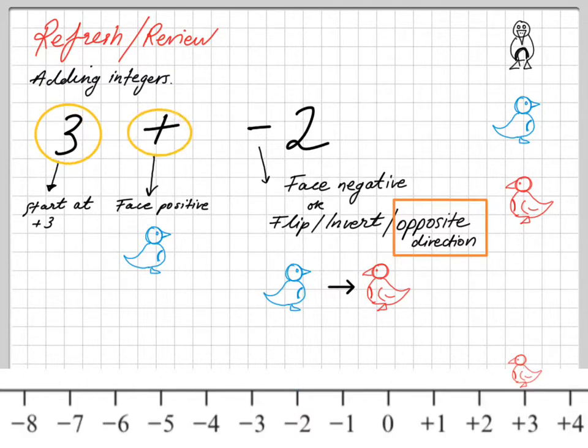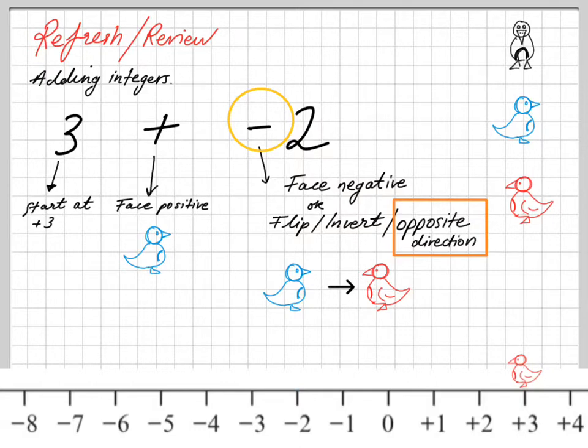The example was 3 plus negative 2. The first step we covered was starting on the number line. We start at 3, and because we have a positive, we're adding, so we're facing the positive direction. Then, because we have a negative integer, we go the opposite direction.